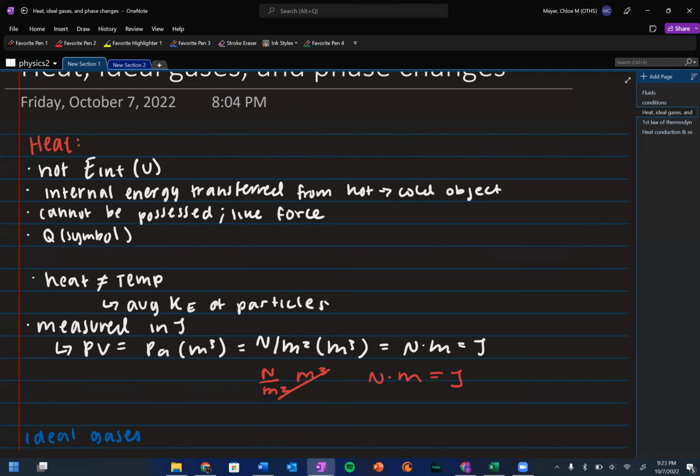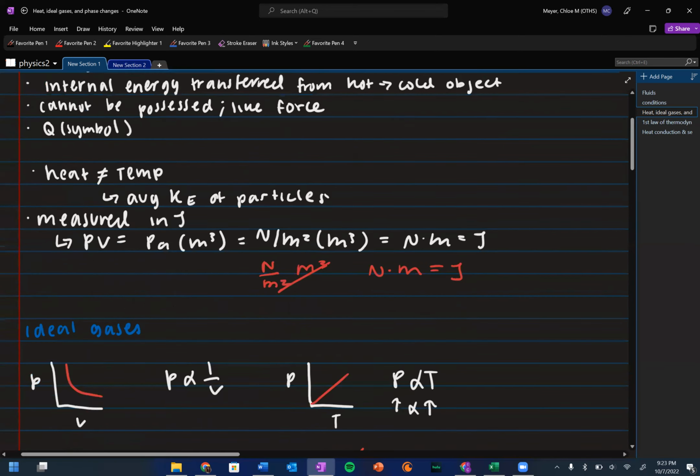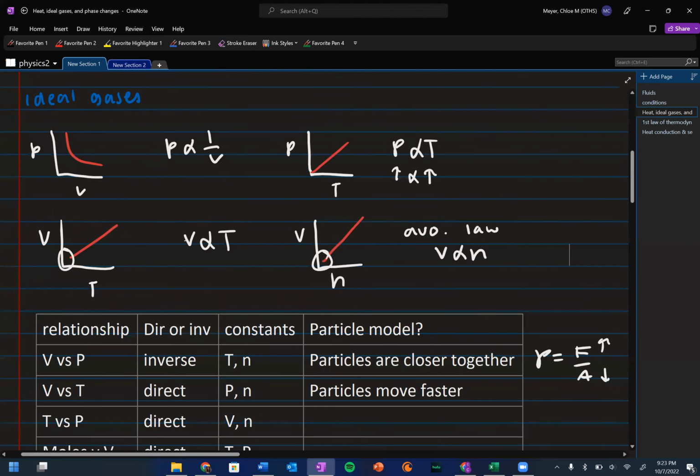That's what you feel when you touch something that feels cold. You're transferring your energy from your hand to the object. And so whenever you're touching a surface and it feels cold, you're transferring your energy. That is going to be a heating process. So that's the example that I forgot to use.